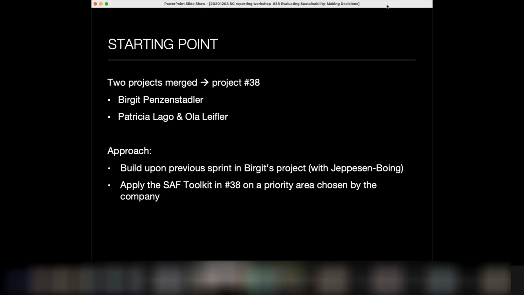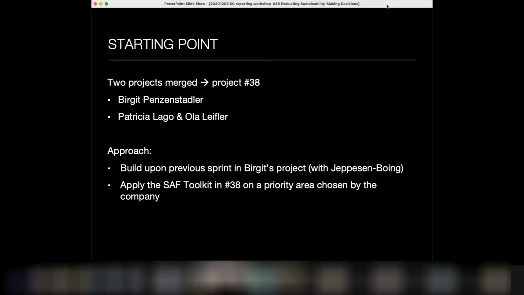About the starting point of the project: at the beginning of the sprint we had two projects, this one and a project from Birgit as well, so we merged them in project 38. Because the approaches we were taking were fairly different, we defined how we would proceed.